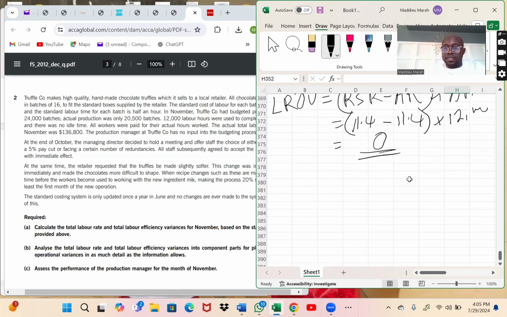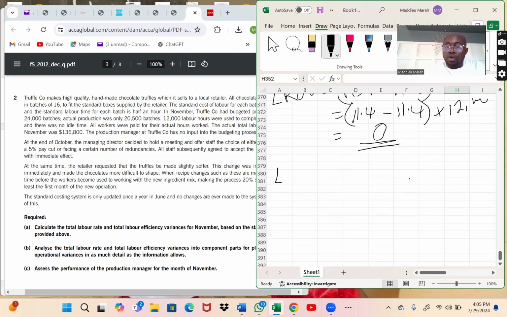Now we are done with rate variance. Let's go to efficiency variance. Labor efficiency planning variance: we compare standard hour to revised standard hour, multiplied by standard rate.